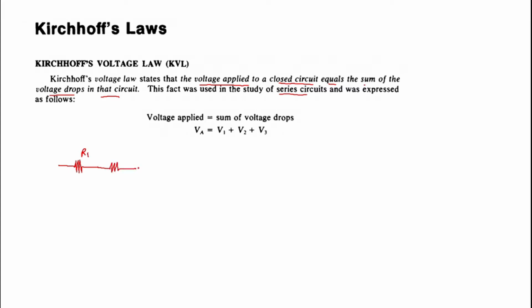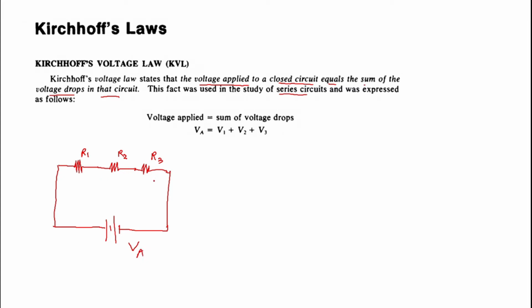So in a series circuit, you have R1, R2, and R3. In a closed circuit, you have a load, a path, and a source. The source is considered in the equation as the voltage applied. Now, for a series circuit, the current is equal throughout.